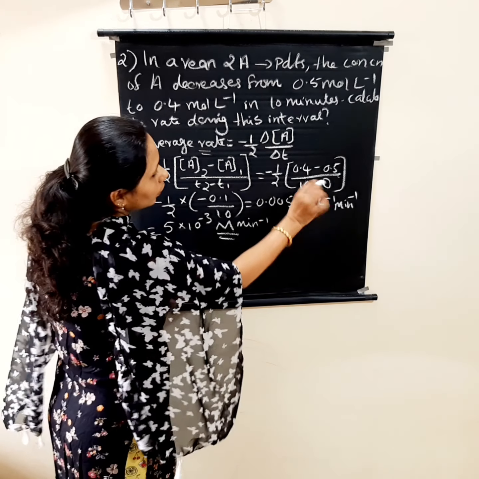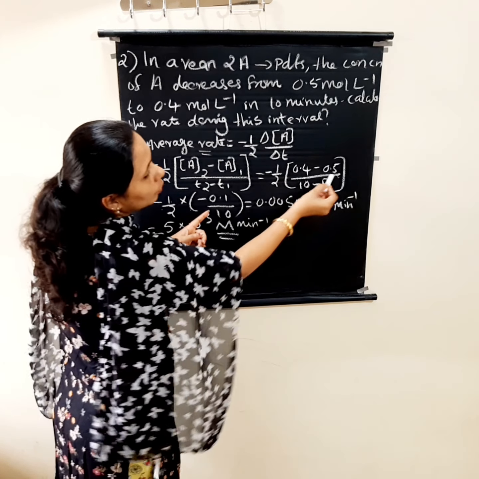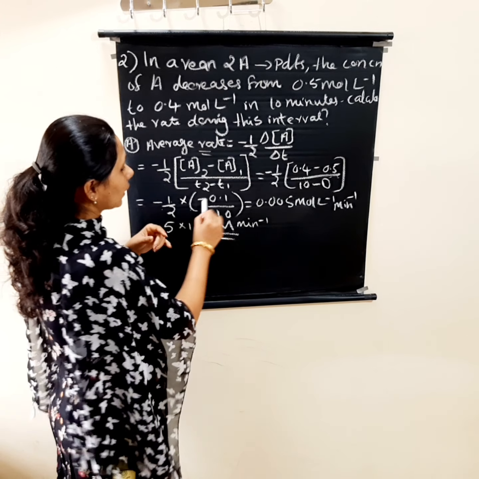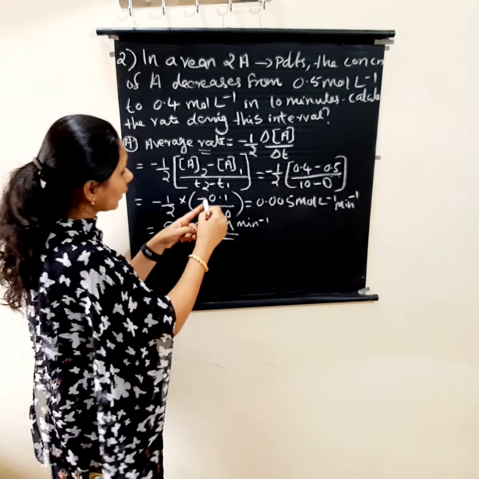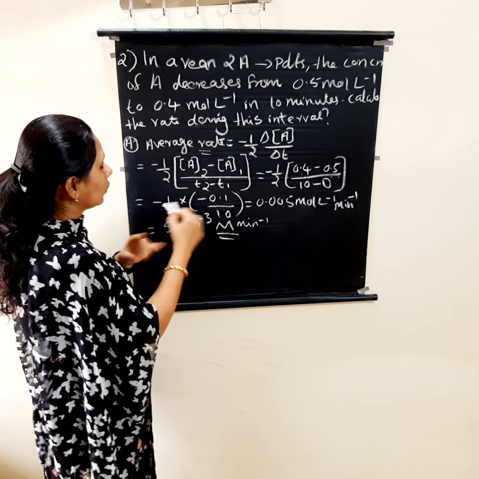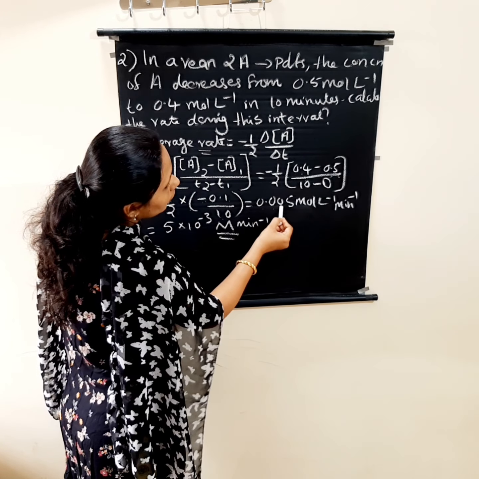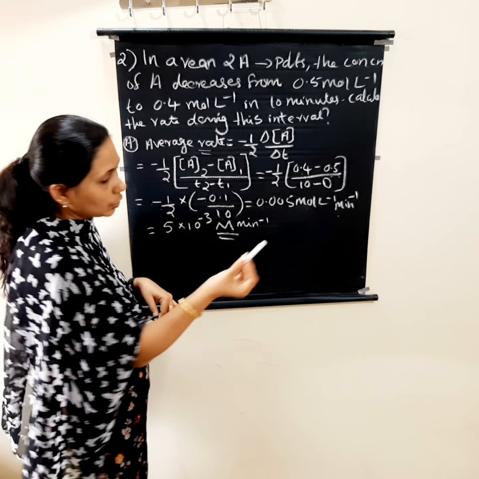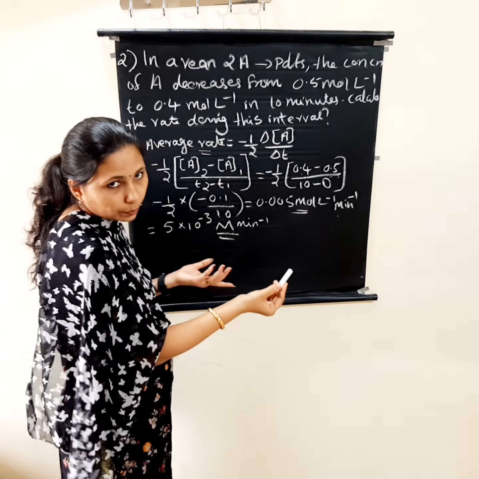After doing calculations we get minus 1 by 2 into 0.1. Why is it minus? Because 0.4 minus 0.5 means minus 0.1, divided by 10. After doing all the calculation, minus and minus cancel. We get positive 0.005 moles per liter per minute, because the time is given in minutes.